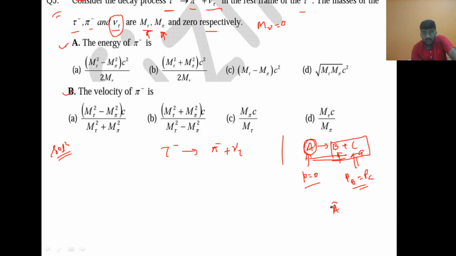So the decay process will be like this, B and C move in different directions with the same momentum. Here the process is the same: tau minus decays into pi minus and nu tau.